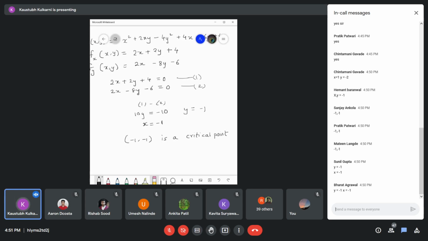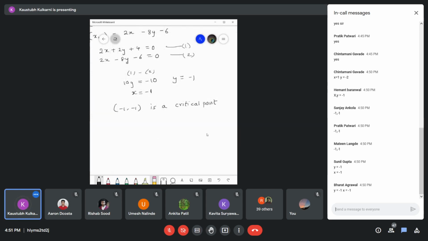Okay, so now finding the extrema. In the case of two variables, without going to the second derivative, we have a method to find the maxima and minima.